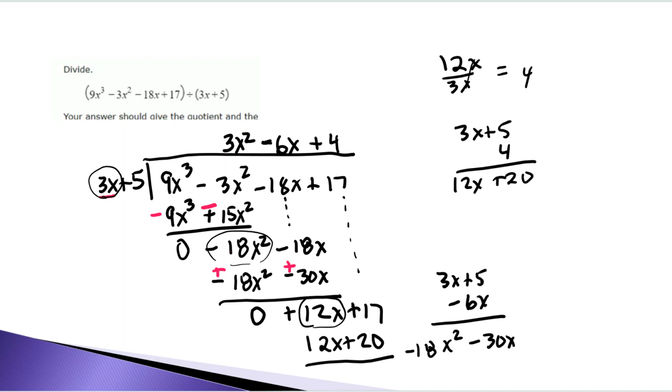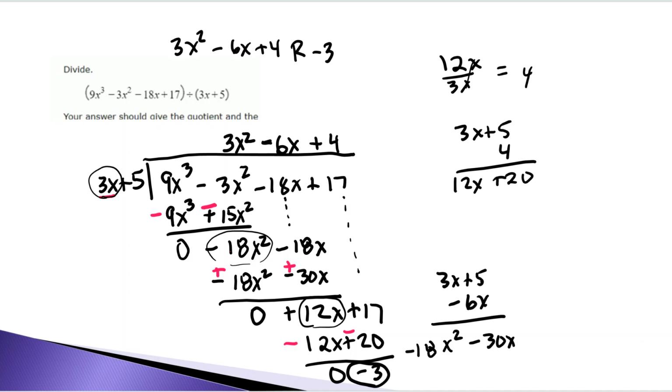Want to subtract again. I'm a horrible subtractor, so there it goes. 12x plus negative 12x is a 0. 17 plus a negative 20 is a negative 3. That's my remainder. So I can write this two different ways. I can write my answer as 3x squared minus 6x plus 4 with a remainder of negative 3.